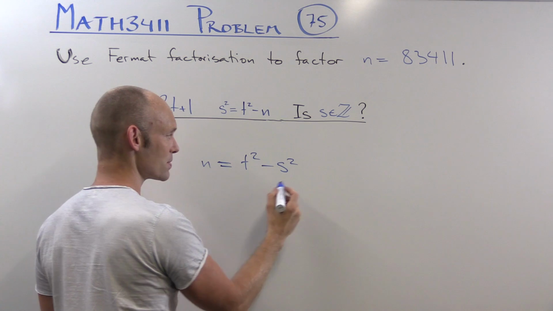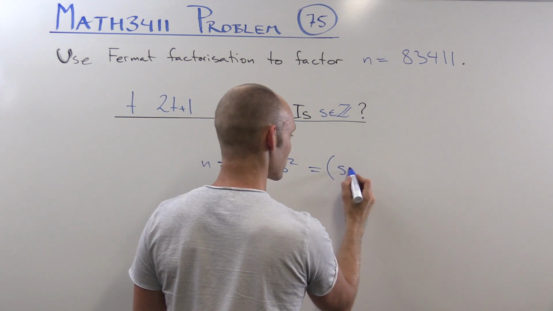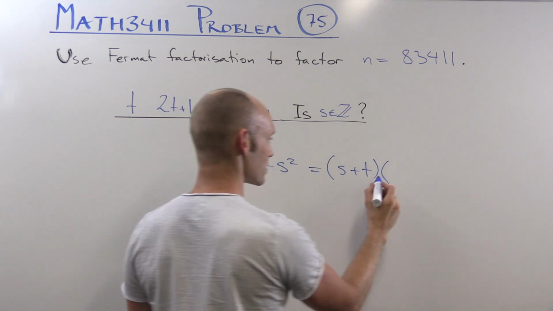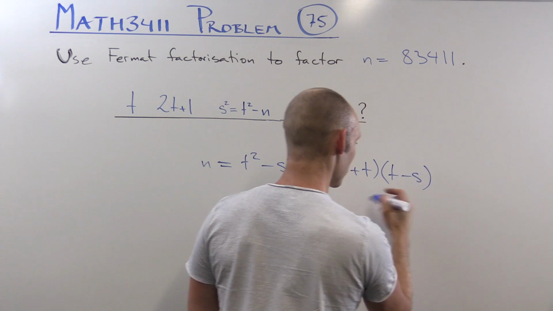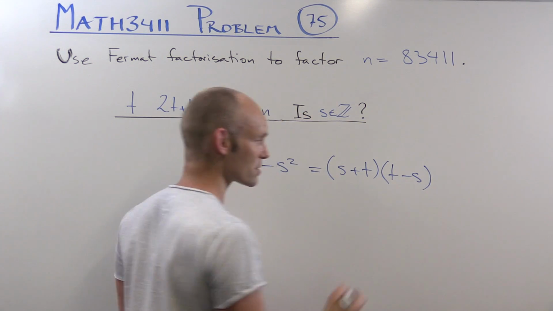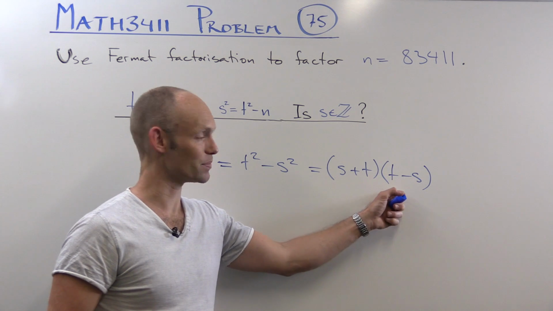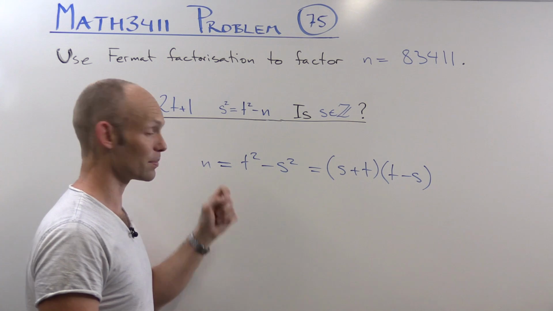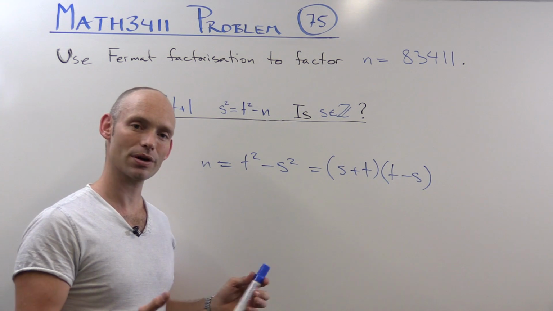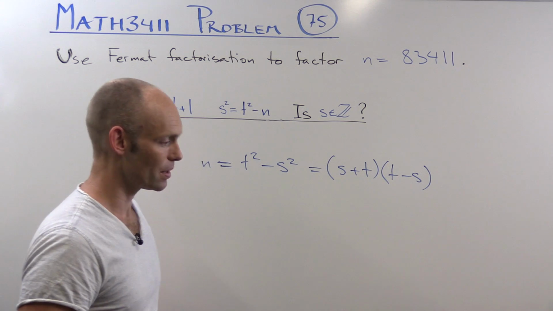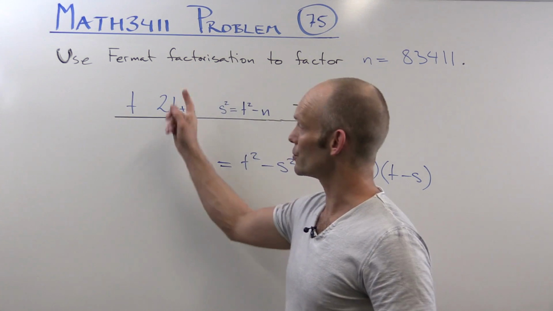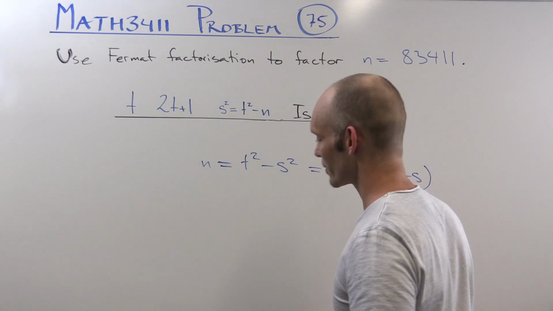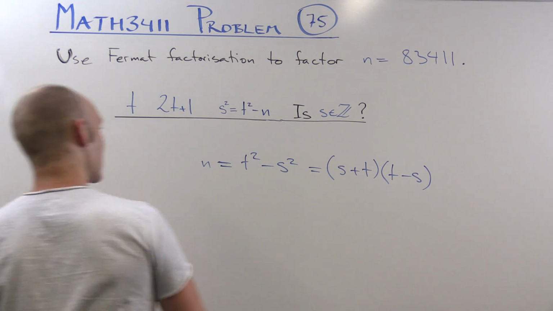If we can find such numbers, then we can of course write this as the product of (t plus s) times (t minus s), and there we've factorised our number n. So that's what we'd hope to be able to do using this scheme. It's a lot more efficient than just trying the numbers like 2, 3, 5, etc. and seeing whether they divide this number. Let's see how it works.